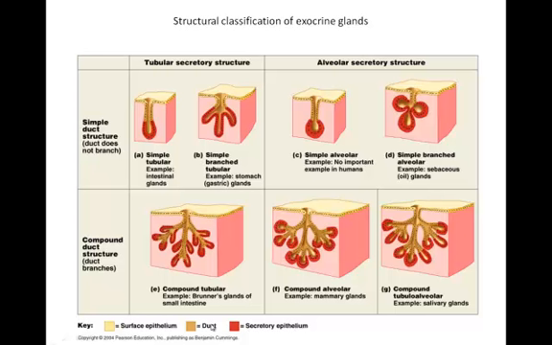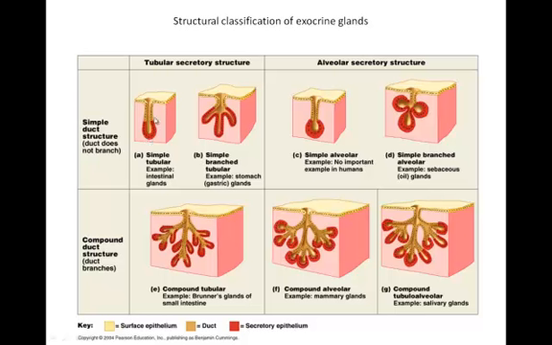So here's another way to structurally classify your exocrine glands. I do not want you to worry about this. Please don't spend much time worrying about this at all, maybe just a minute or so. You can structurally classify your exocrine glands by looking at how many ducts they have. If you're a simple exocrine gland, you have one duct leading out. Here's one duct leading out in tan.